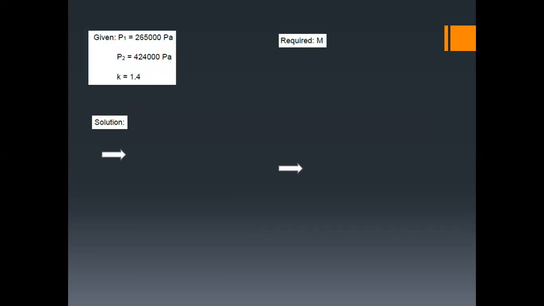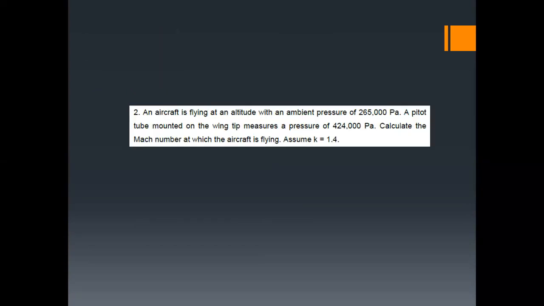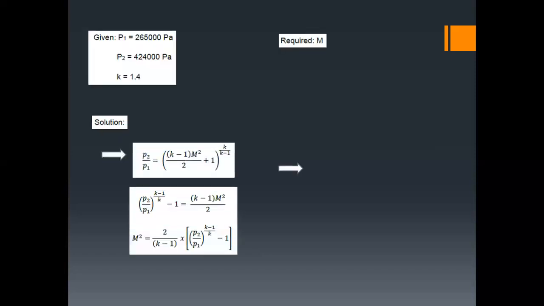We are given two pressures, pressure 1 and pressure 2, where one is the ambient pressure and the other is from the pitot tube. Use the formula: pressure 2 over pressure 1 is equal to (k minus 1) times M squared over 2, plus 1, raised to k over k minus 1.